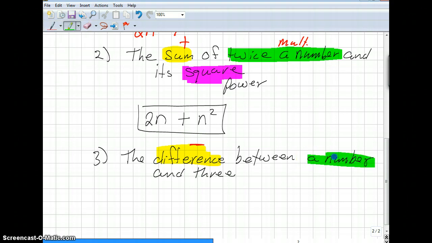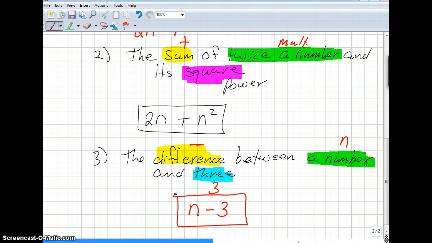A number tells us that we're going to use a variable, so that's going to be our n. And 3. So we're going to use the number 3. So the difference between a number and 3. So that is n minus 3. So that is the translation of that phrase.